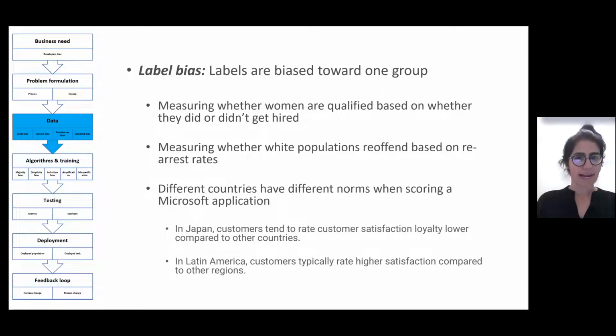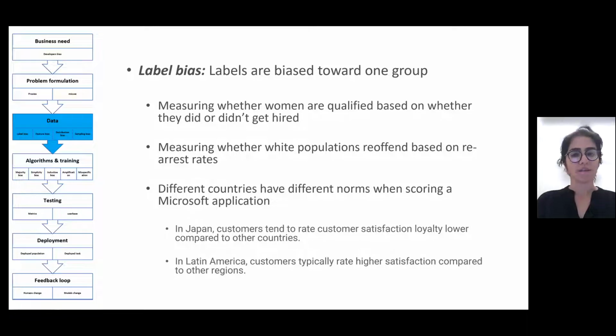But in historical data, it is possible that there were some qualified women who were not hired, not because they were unqualified, but because there was some discrimination against them. So the fact that you use the label of whether the person has been hired or rejected might be biased toward one group.